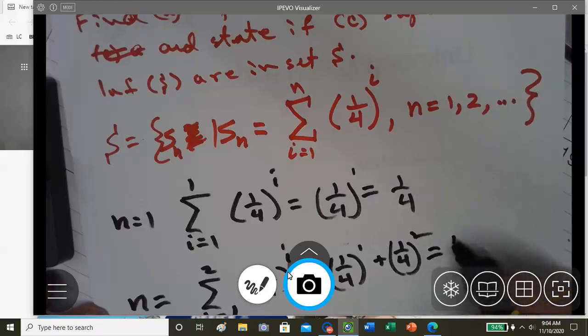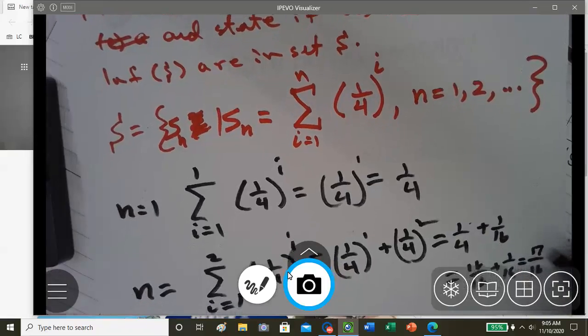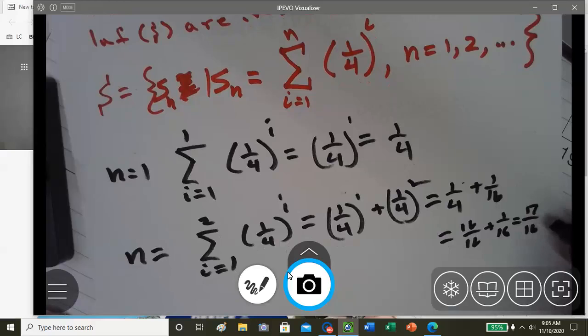So we end up with 1/4 plus 1/16, and so we'd have to multiply 4 over 4 to get a common denominator, and so that would be 16 over 16 plus 1 over 16, and so we get 17 over 16, and so we get something slightly larger than 1.